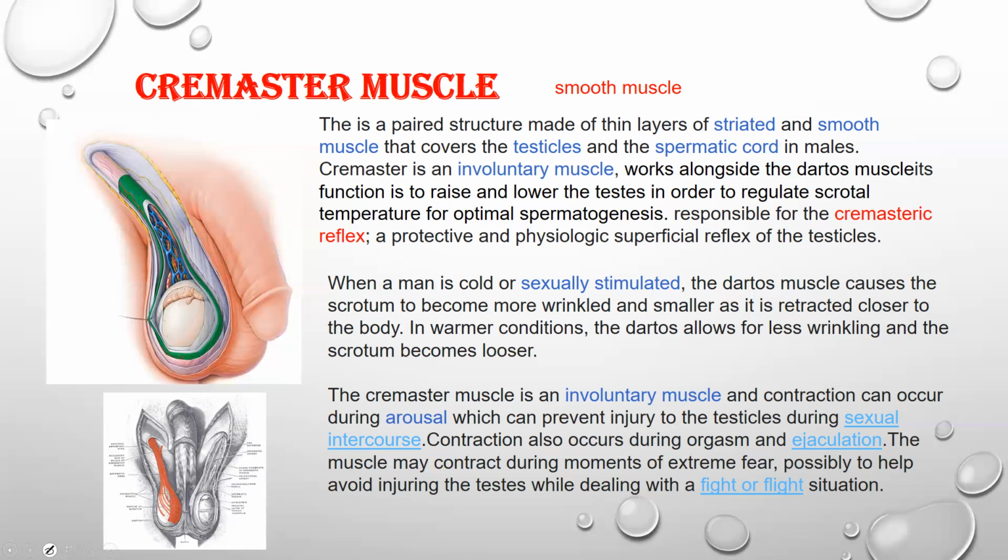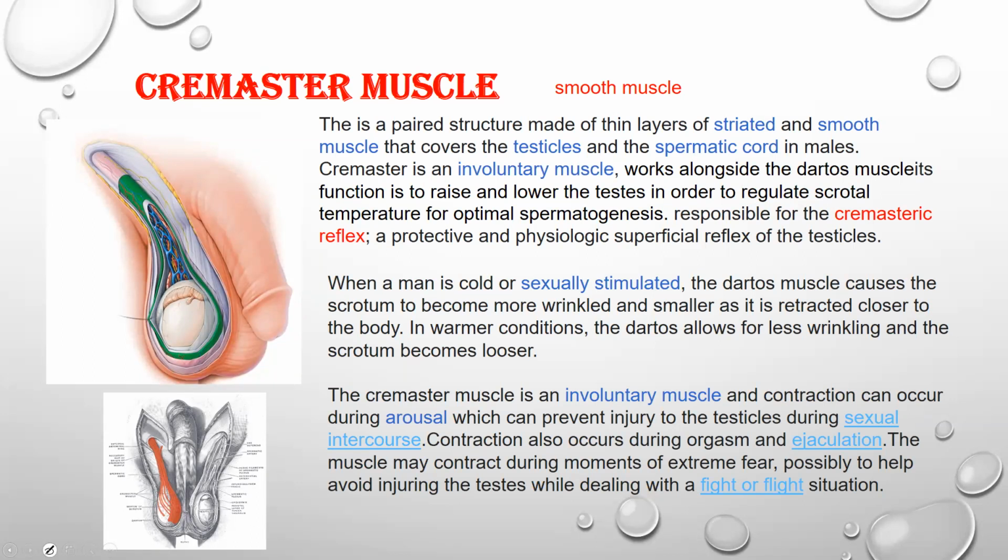Whenever the penile structure is erected, the scrotum will become shorter in size. It will become more wrinkled, smaller, and retracted closer to the body. You can see the erected penis, more visibility of the erected penis, but not a very visible scrotum.